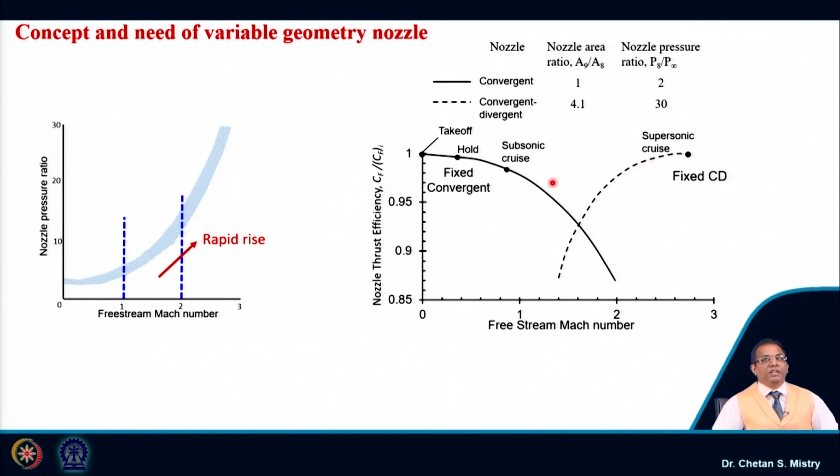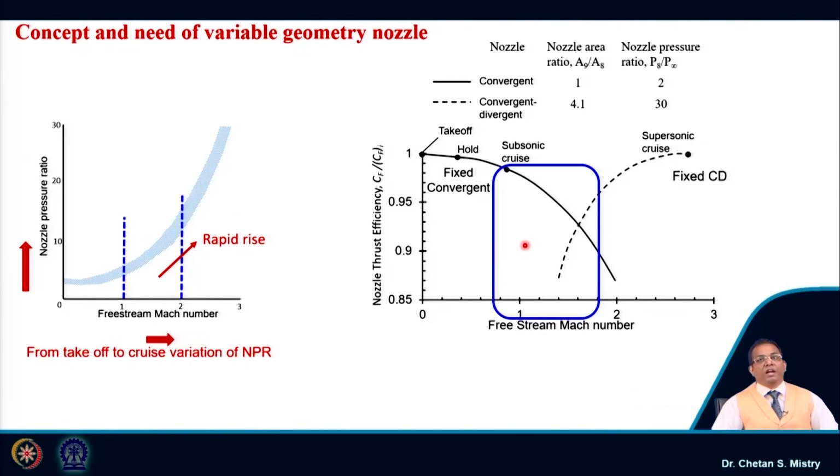If I am moving from takeoff condition to cruise condition, my nozzle pressure ratio will increase, and under that condition my free stream Mach number is moving in this direction.